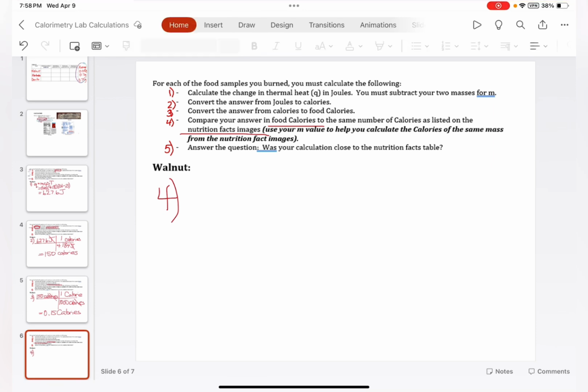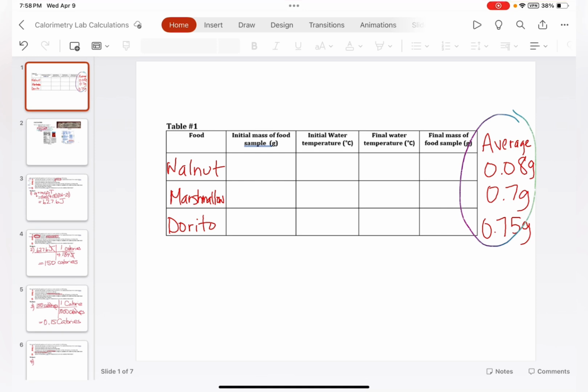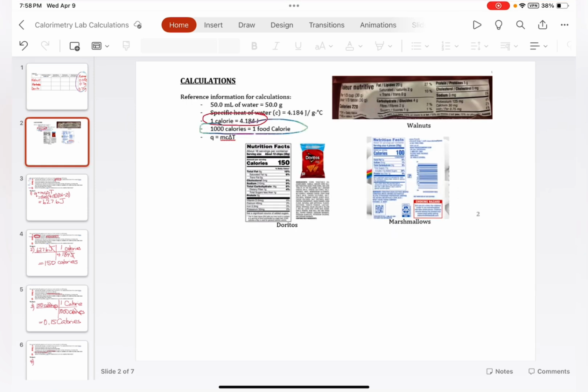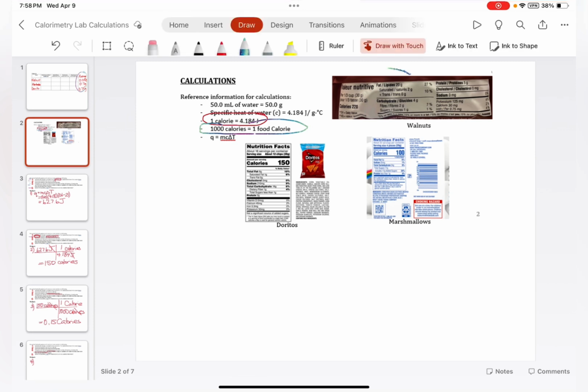We're going to be using the mass now. So we're looking at the walnut. The average for the class was 0.08 grams. But first we're going to look at the nutrition facts. I'm going to start with this one. This is the walnut facts right from the package, and if you look here, 30 grams gives you 220 calories.